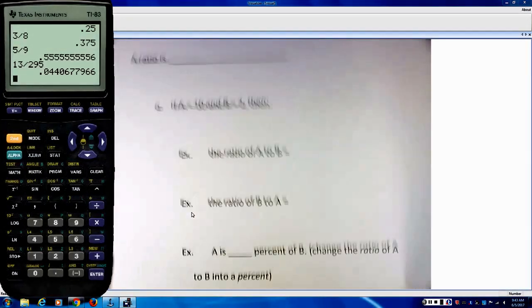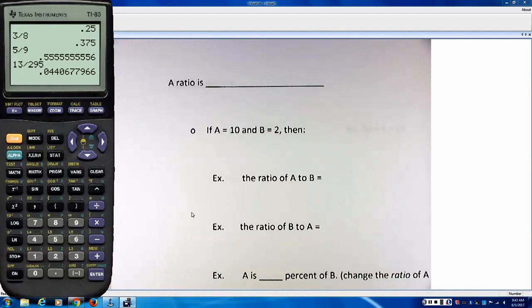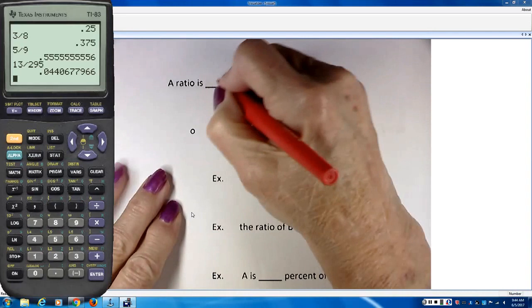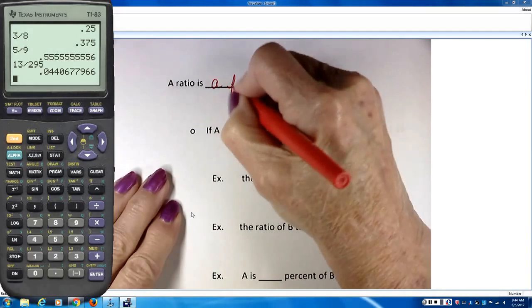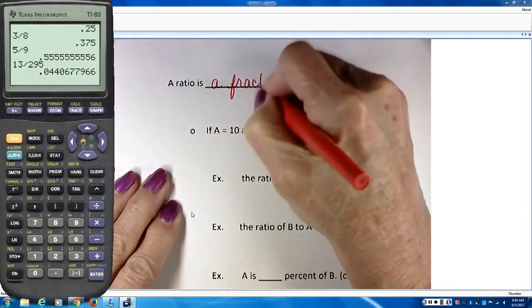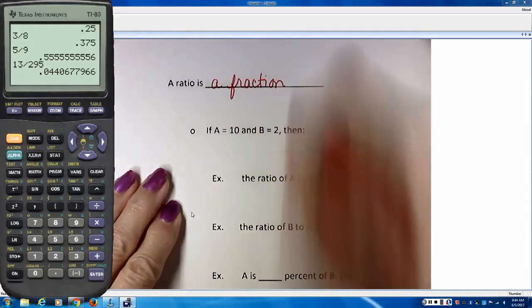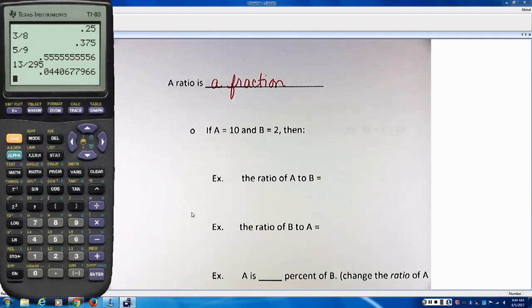Now, next page. A ratio is a fraction. Which means it can also be expressed as a decimal or percent because fractions and decimals and percents are all ways of explaining quantities.